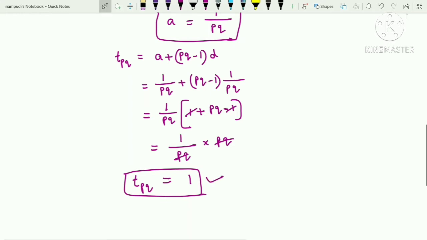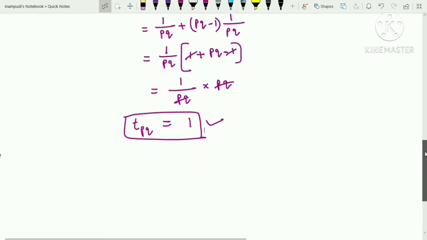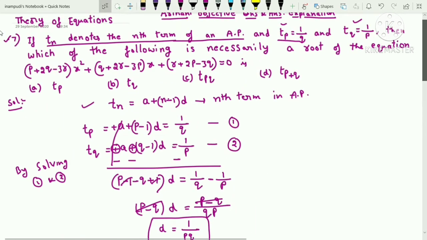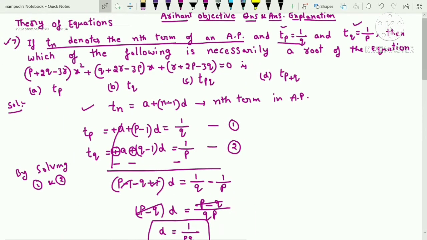Here we observe the given equation. What is the given equation?